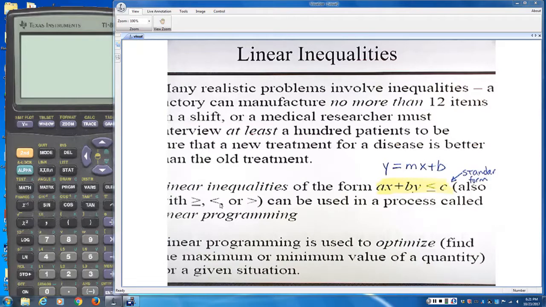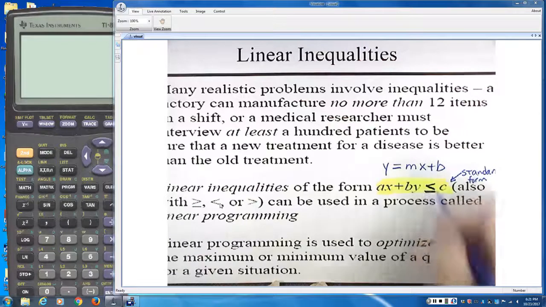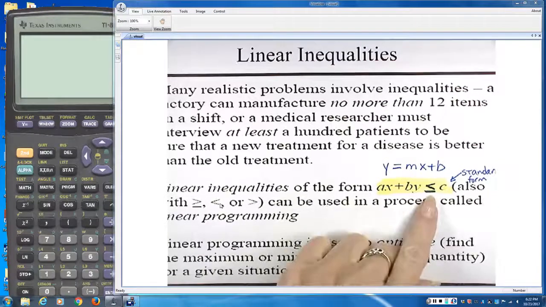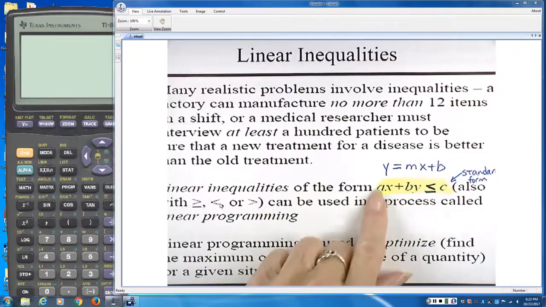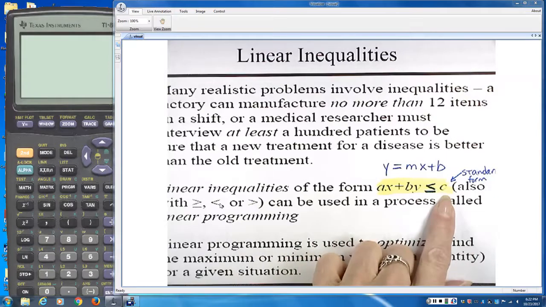But the key point here is that this sign is an inequality symbol. This means equal to or less than, which means whatever many of x plus whatever many of y added together, they can't be any more than c. They have to be equal to or less than c.